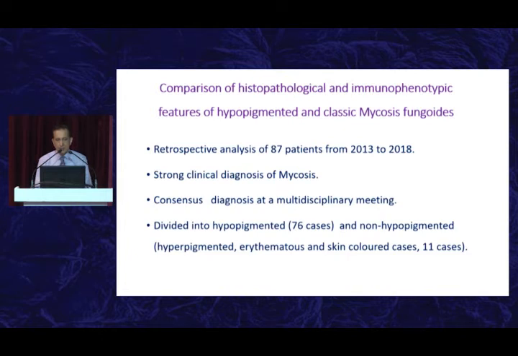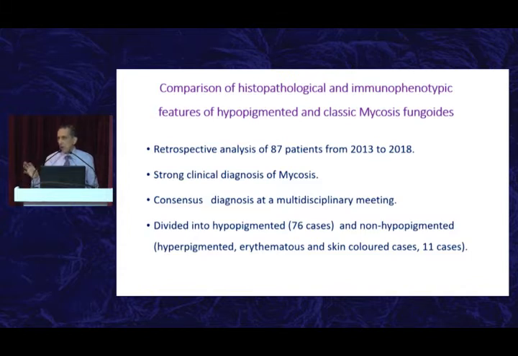So there were 87 patients after dropping. Now, this was a retrospective study, so obviously we had to use the request forms. And again, I'm very thankful to you all because you provide such good details in the request forms, like describing the lesion. So we were able to sort out the hypopigmented ones and the hyperpigmented ones.